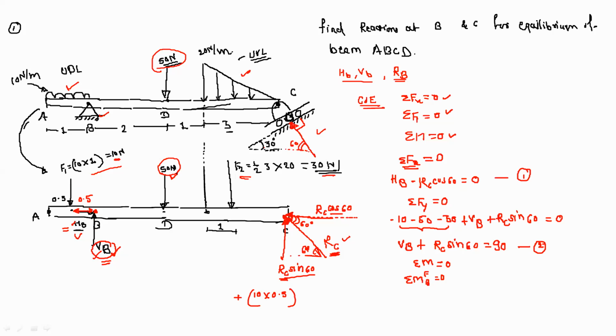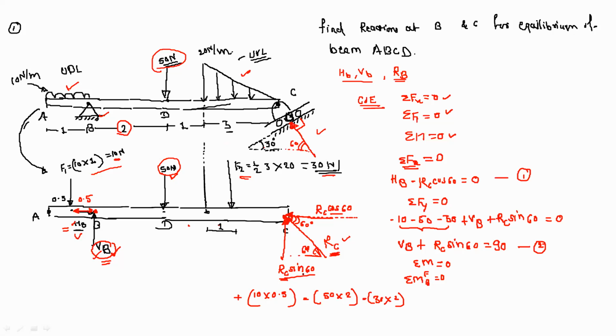Next is 50 Newton. So 50 into perpendicular distance of 2 meter, and that moment is clockwise, so it is minus. Next is 30 Newton into perpendicular distance, 1 plus 1, that is 2 meter, and again that moment is clockwise, so it is negative.